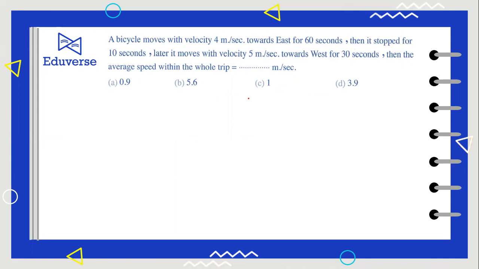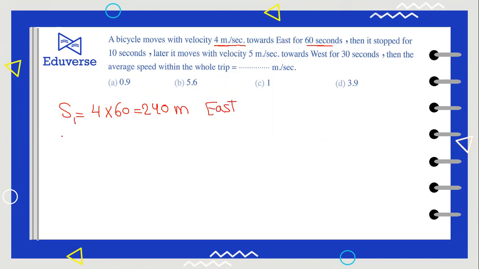Average speed equals total distance over total time. What is the distance here? First, the first motion is 4 meters per second for 60 seconds. Then the distance is velocity multiplied by time, which is 240 meters to the east.